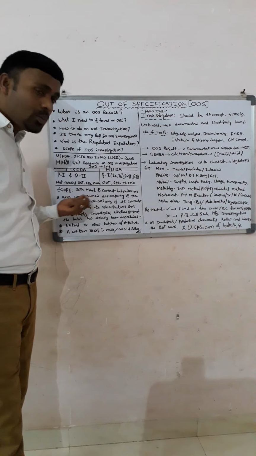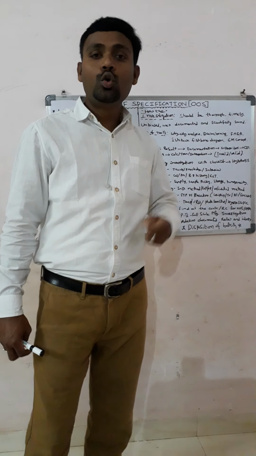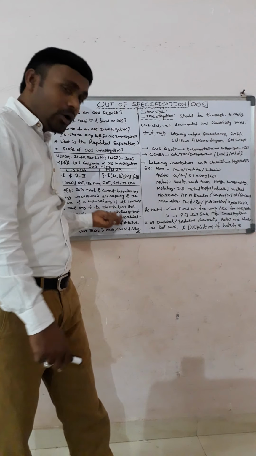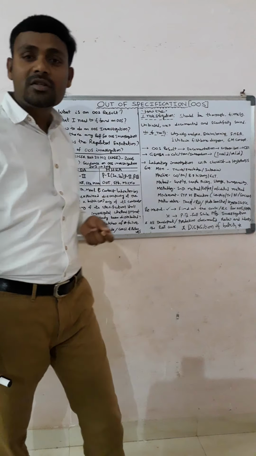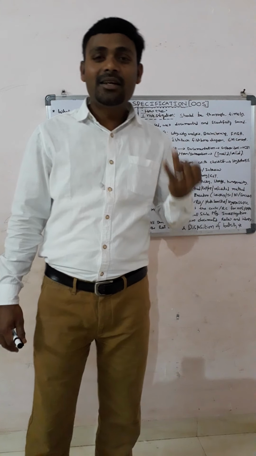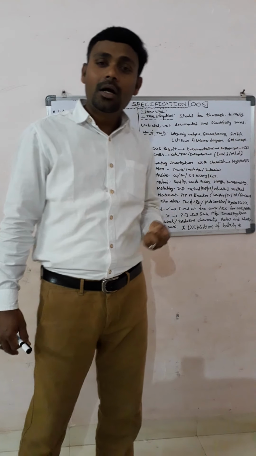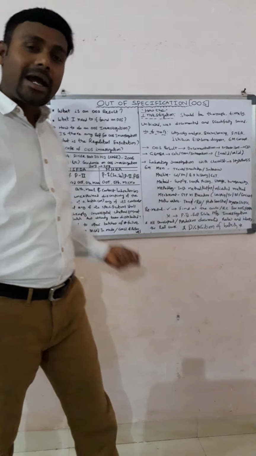Whether your batch is distributed or is at the manufacturer, you have to do a thorough investigation and find out the cause for the failure. All aspects should be covered: in-process testing, raw material, packing material, intermediates, API, drug product. Everything is within the scope of the investigation as part of this guideline requirement.